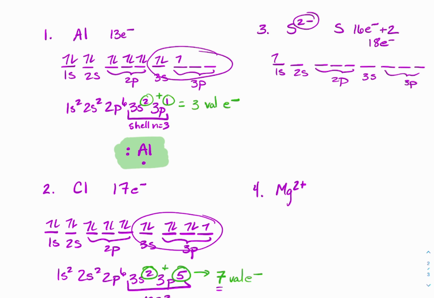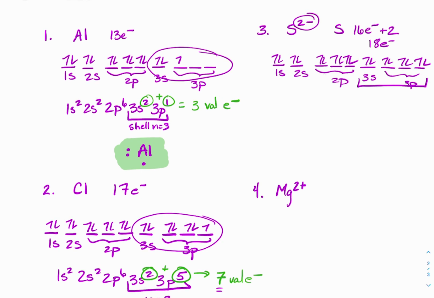And we'll place all of our 18 electrons within our orbital diagram. And it turns out that will completely fill the 3p subshell. These are all of the valence electrons, and that number ends up being 8.